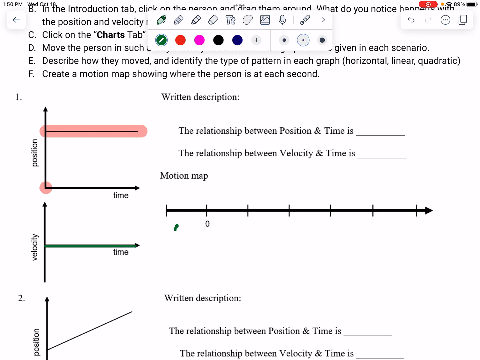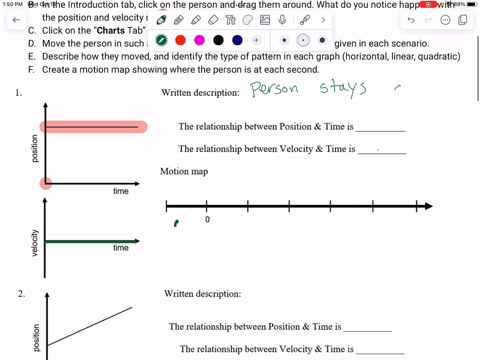So for each of these, we're going to look at what is happening, right? How can I describe the person's motion? I can say a lot of things about it. I'm just going to say the person stays still, or a person is not moving, or a person's position stays constant. All right?